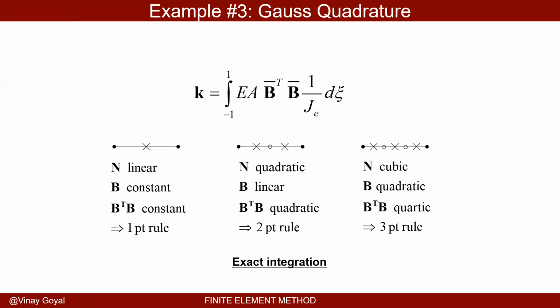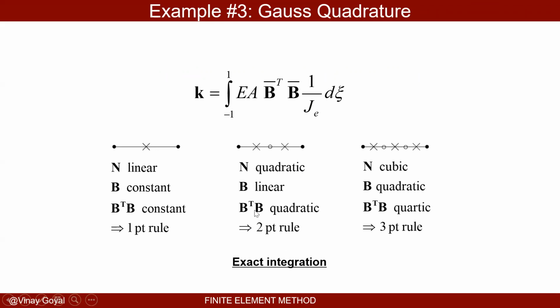So a Gauss quadrature here shows you what's going on. Where is the integral being performed? For the 1-point rule, if I go from -1 to 1, C is 0, so it's right in the middle. A 2-point rule will be exact integration for the problems we're looking at. M bold is quadratic, B bold is linear.